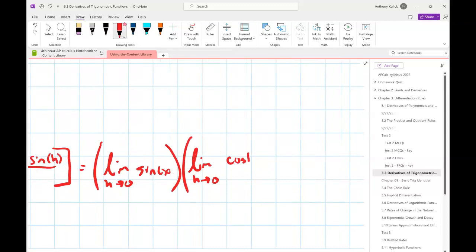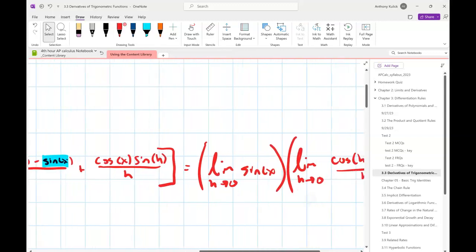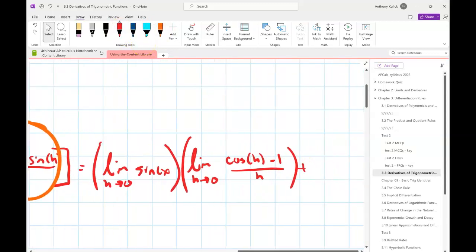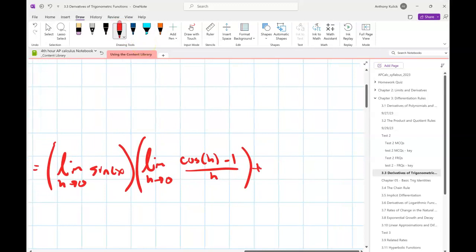And I'm going to do the same kind of thing over here with this other piece. So I'm going to take the cosine x, the part with the x in it, and separate it out.